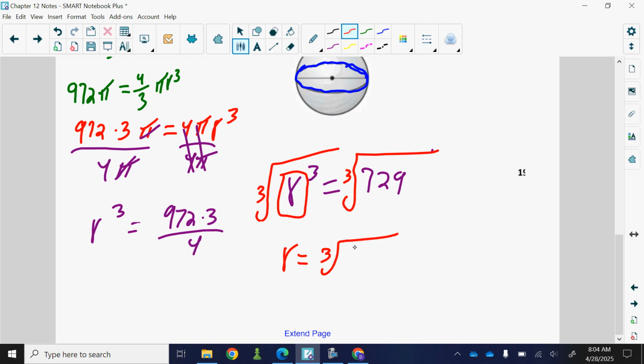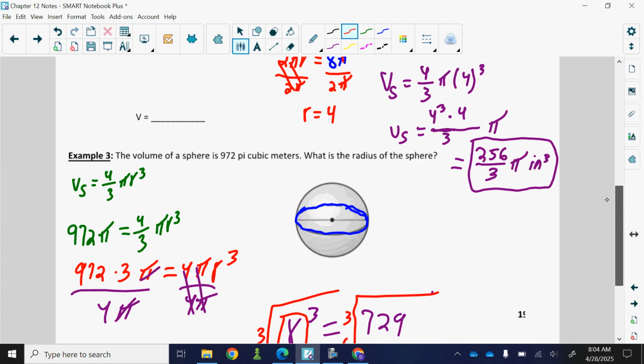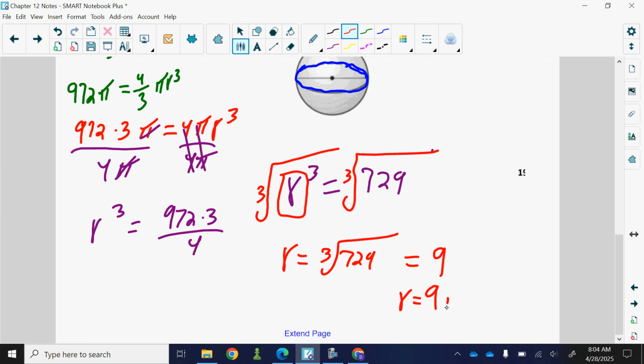So r is the cube root of 729. So the cube root of 729 goes to 9. So r is 9, and then units were meters.